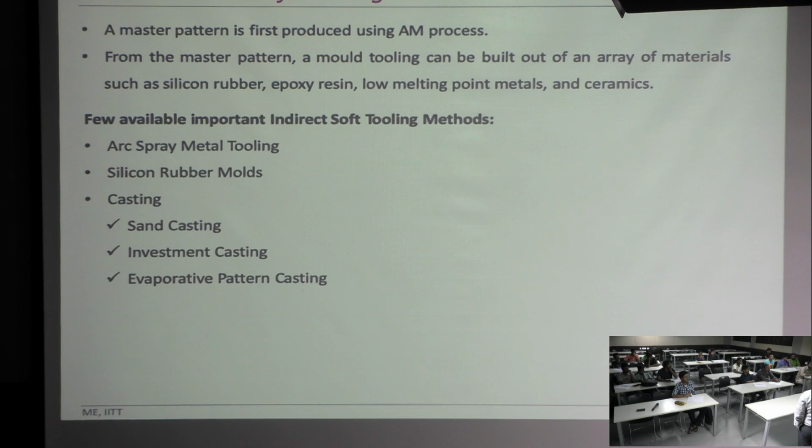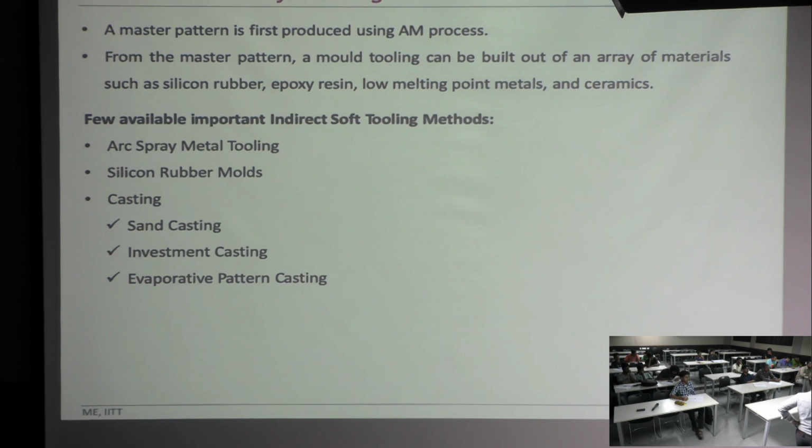A few important indirect soft tooling methods are arc spray metal tooling, silicon rubber molds, and castings: sand casting, investment casting, and evaporative pattern casting. So we are talking about indirect tooling.